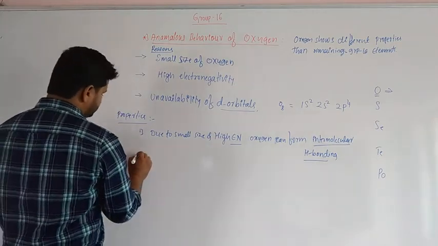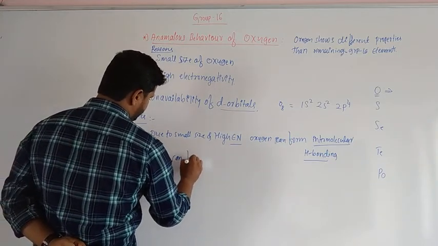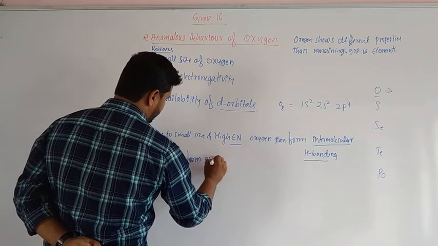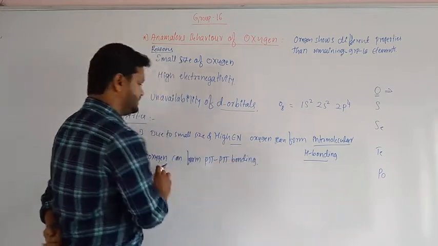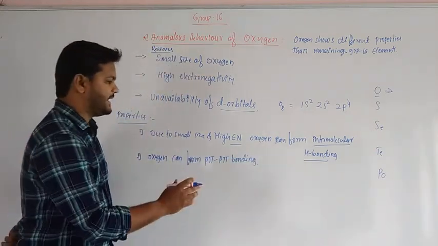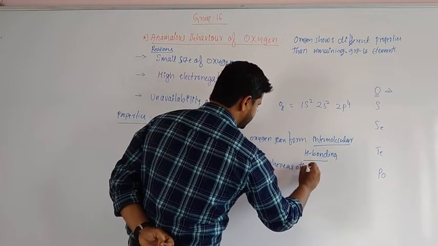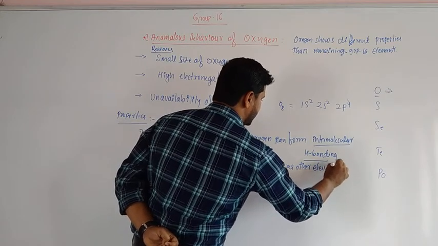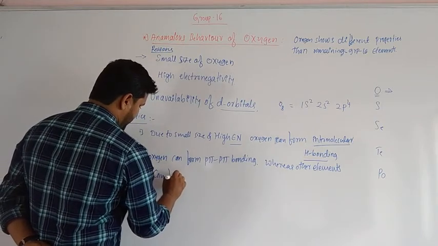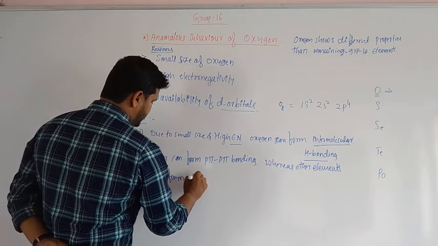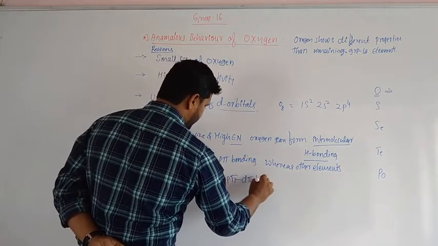And second one, oxygen can form p pi p pi bonding. Oxygen can form p pi p pi bonding, whereas other elements of group 16 can form d pi p pi and p pi d pi bondings.